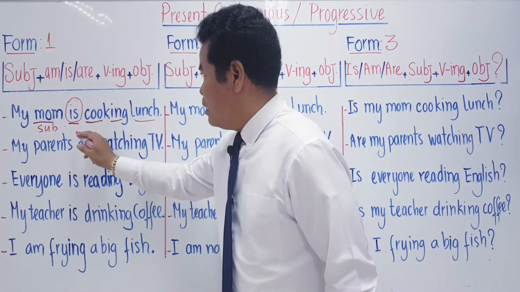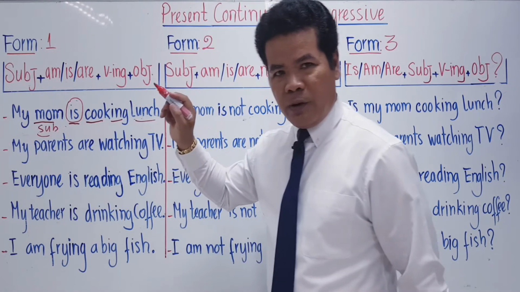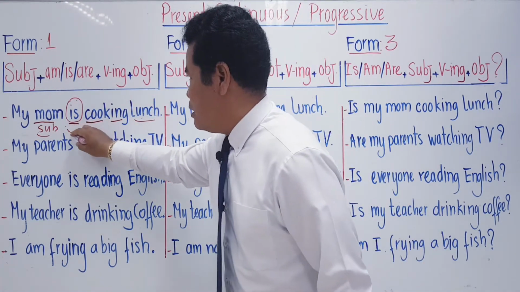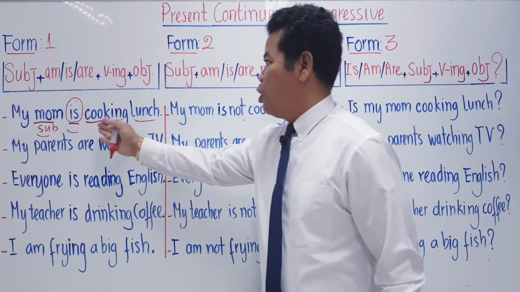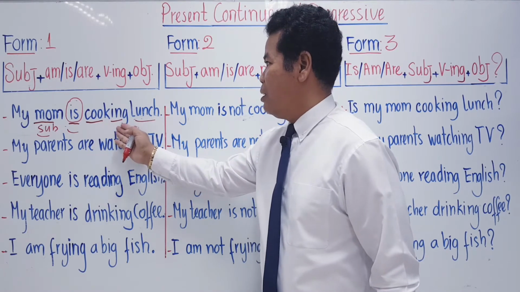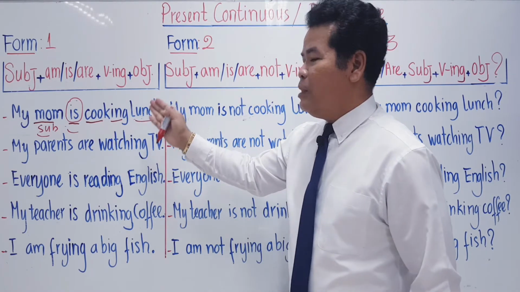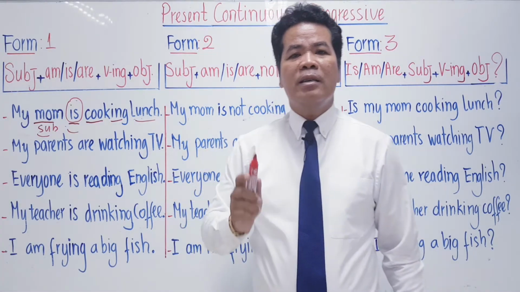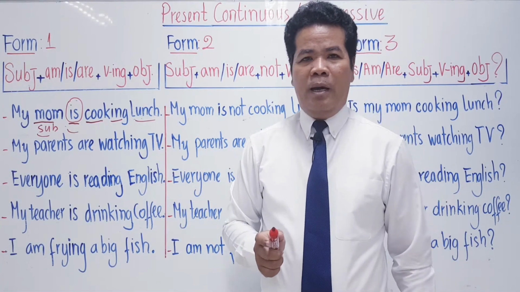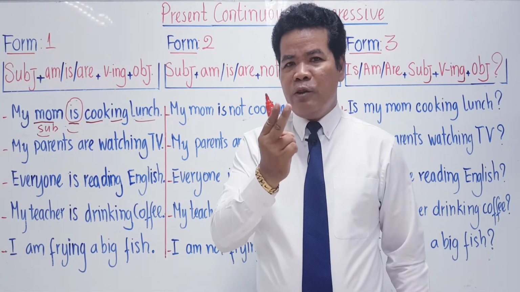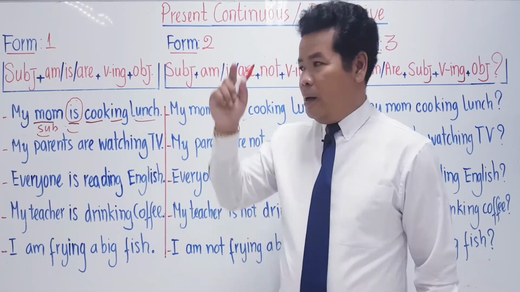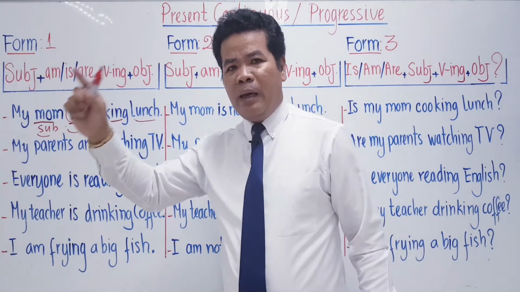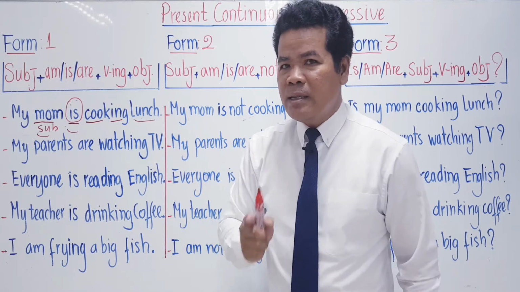Okay? The first one is right. The second one is right, and also the third one. Cook plus ing and then lunch. So this is called the correct sentence. Okay? Two stages that you have to remember: the correct form and then the correct sentence.